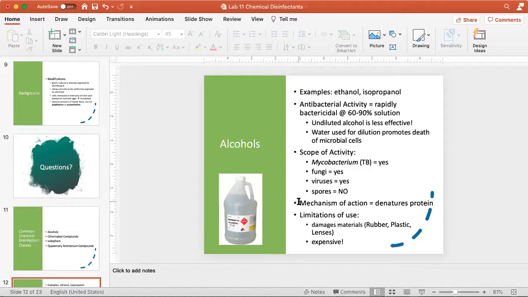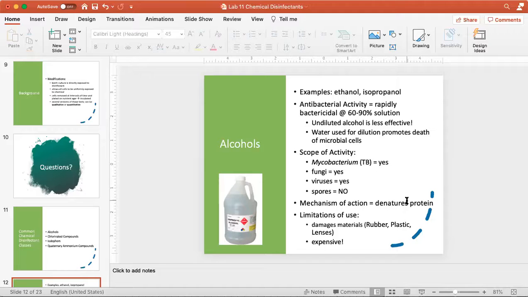So what exactly is alcohol doing to kill things? Well, it actually works on proteins, and it does a process that we refer to as denaturation. When you hear that word denature, what we're saying is it's going to cause that protein molecule to unfold. Remember, proteins have a shape. All proteins start off as a string of amino acids, all joined together.